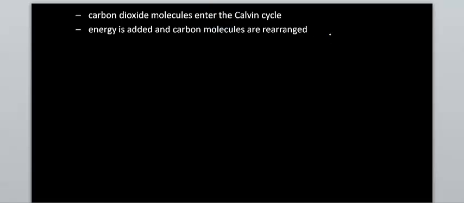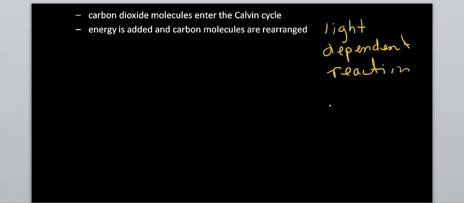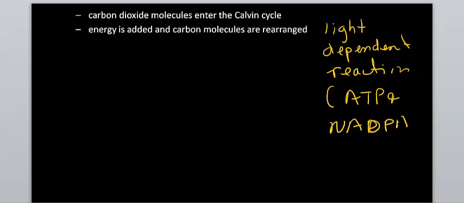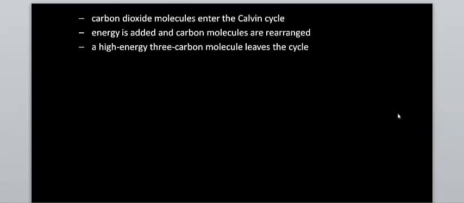Energy came from the light dependent reaction, in the form of ATP and NADPH. A high energy 3 carbon molecule leaves the cycle, and we call that a G3P.